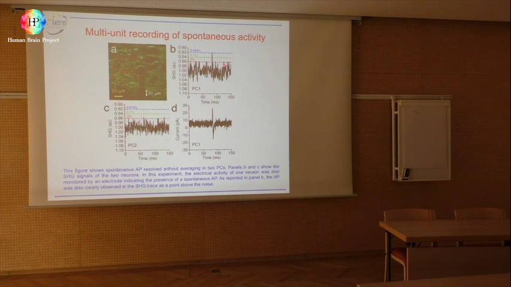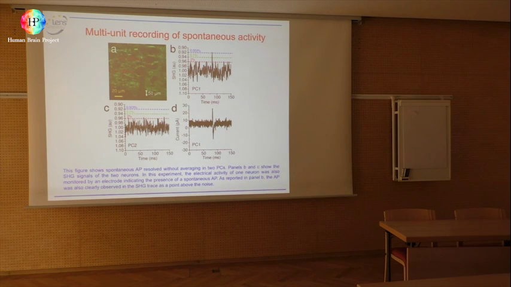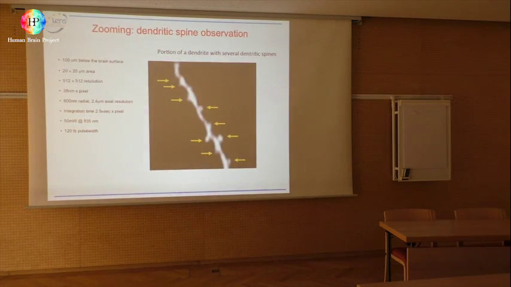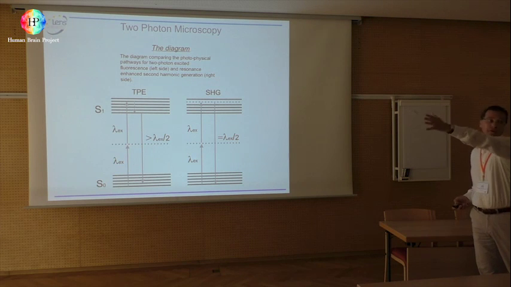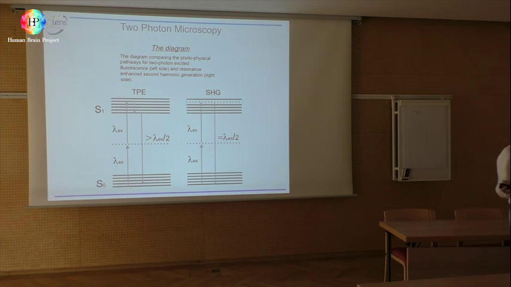You see here, in this case, the signal to noise is very, very poor. So how can I move to see spontaneous activity? Well, come back to the scheme here. We say that the second harmonic is very interesting, but has the disadvantage of going only one direction, while fluorescence emission is isotropic.